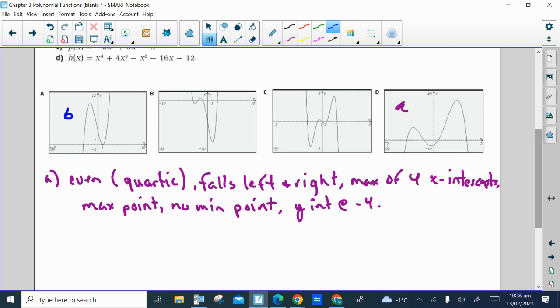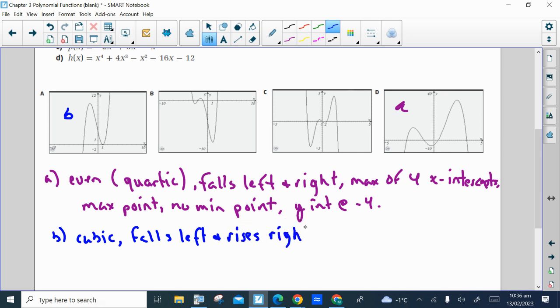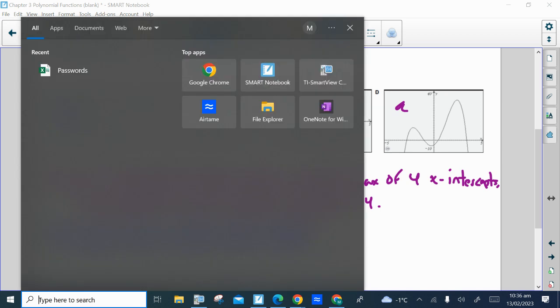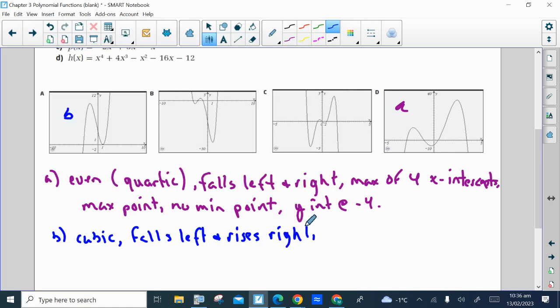This is a cubic polynomial, which is an odd degree. And again, because the initial term coefficient is positive, this graph will fall left and rise right. Because it's a third degree polynomial, there will be a maximum of 3 x-intercepts.